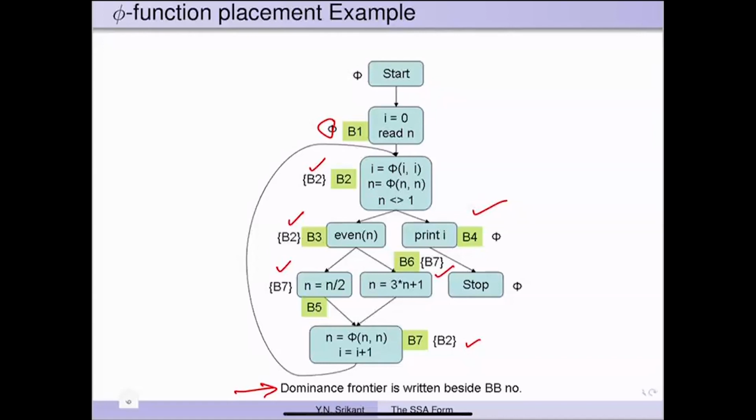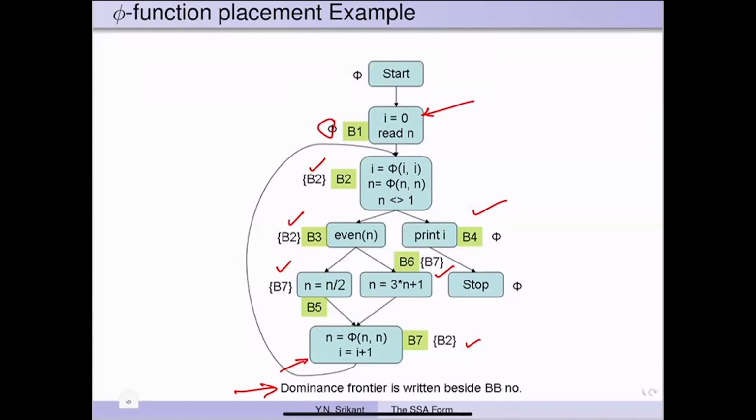Now, if you pick up the variable I, it is assigned in these 2 places, right? So what do we do? For I and B1 combination, there is nothing to do because the dominance frontier is 5.